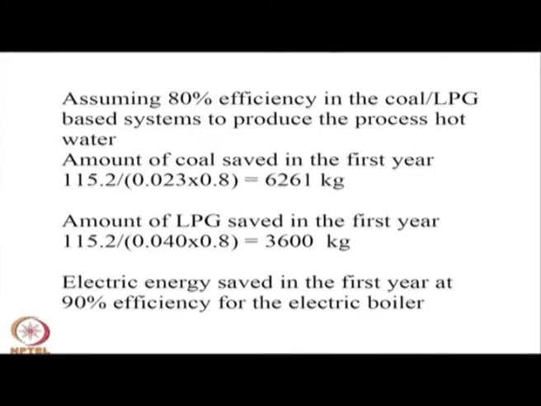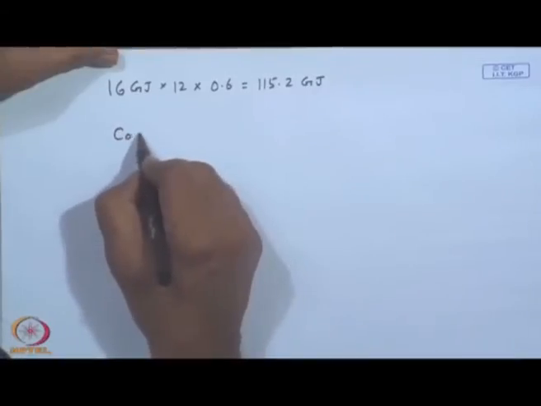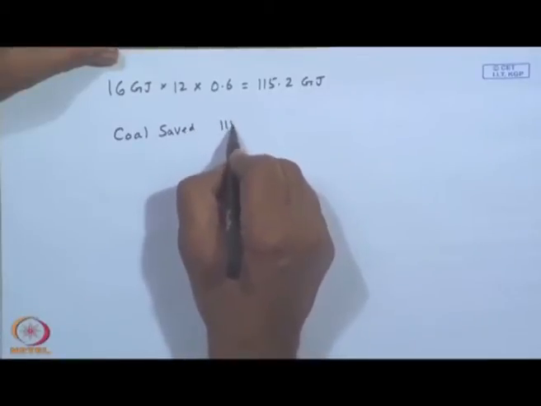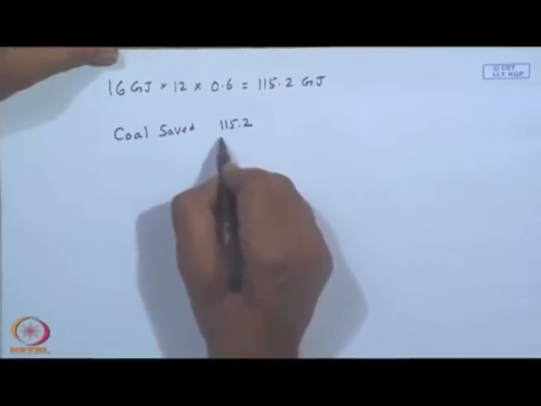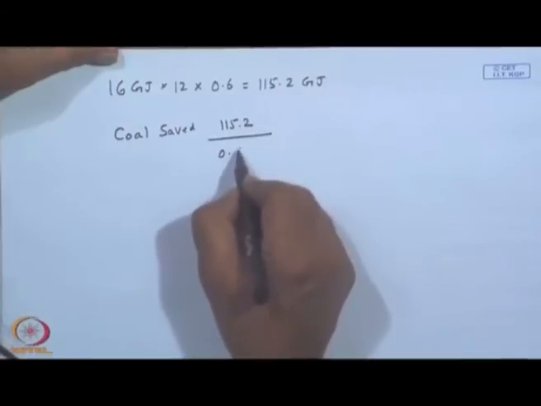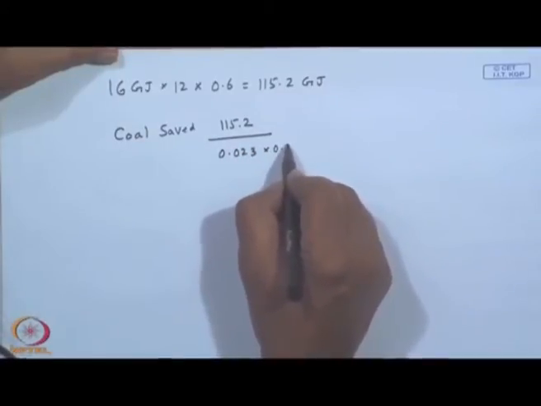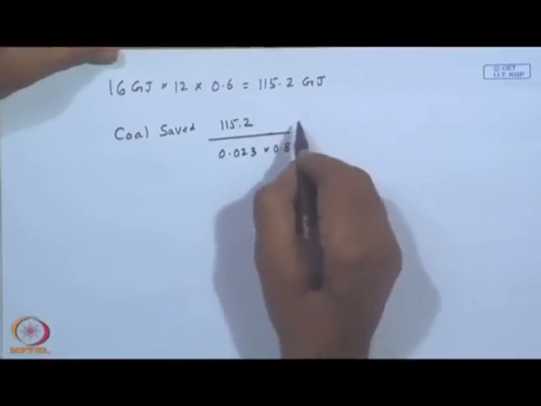And if you assume an 80% efficiency for both LPG and coal based system, coal saved will be 115.2 by the calorific value in gigajoules, 0.023, into the efficiency, which is 80%.